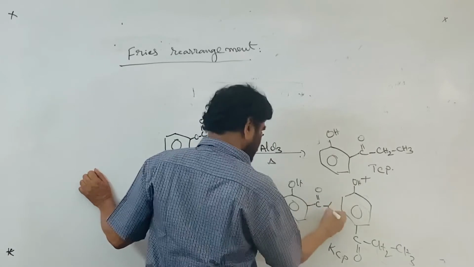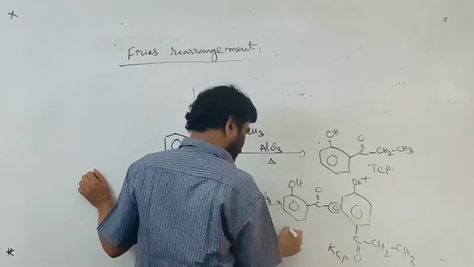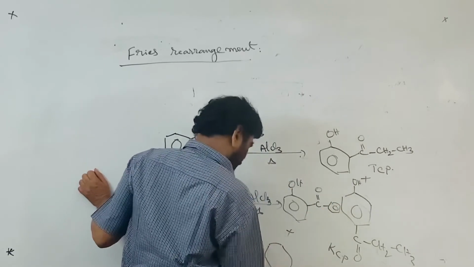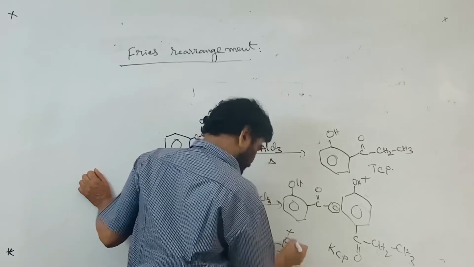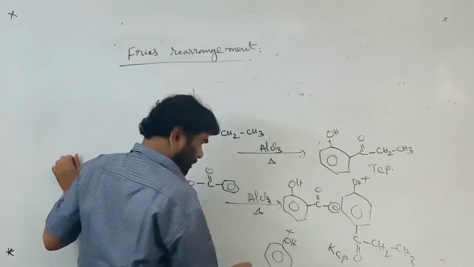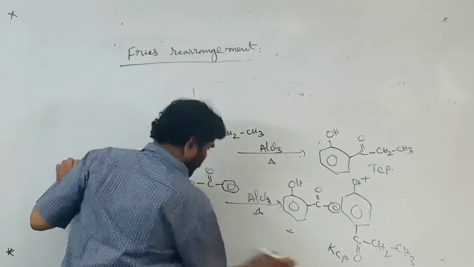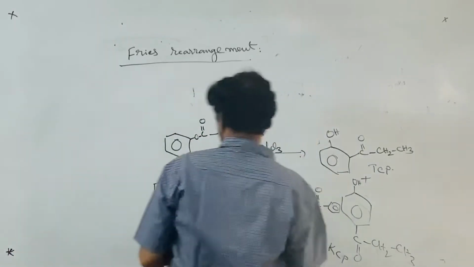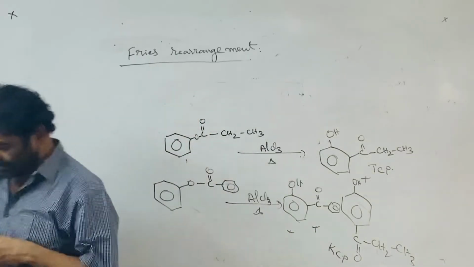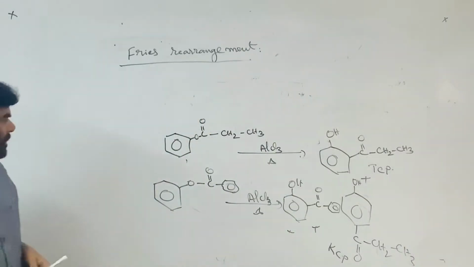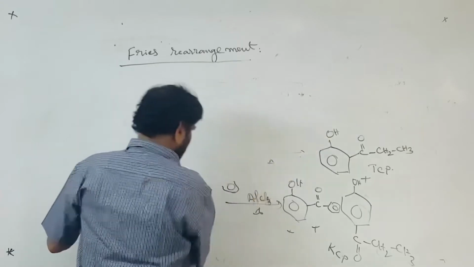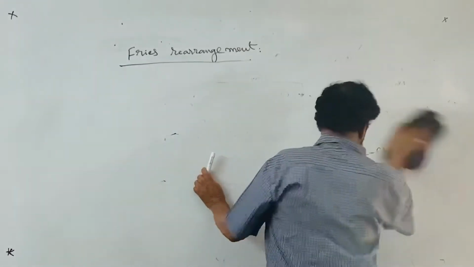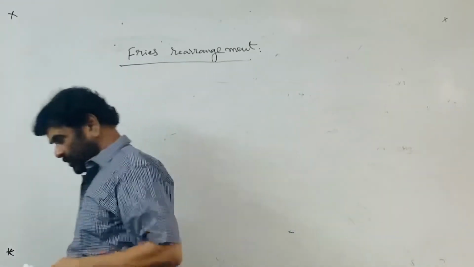Ortho-hydroxybenzophenone and para-hydroxybenzophenone are formed. I am not writing the products here. This is the case, just migration. So to introduce it, let me write the mechanism, and I will tell why this reaction is used.